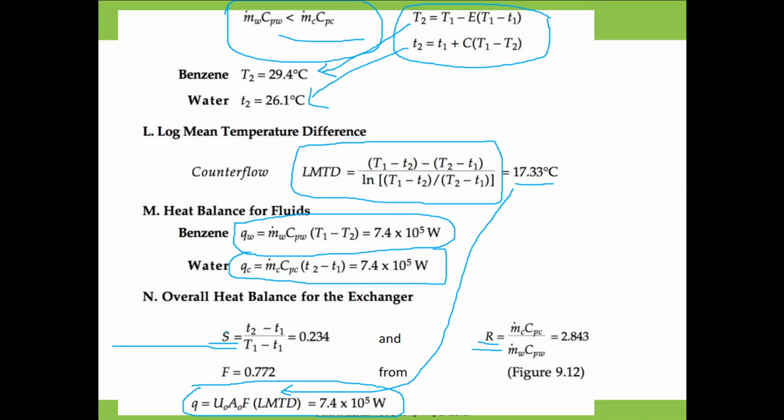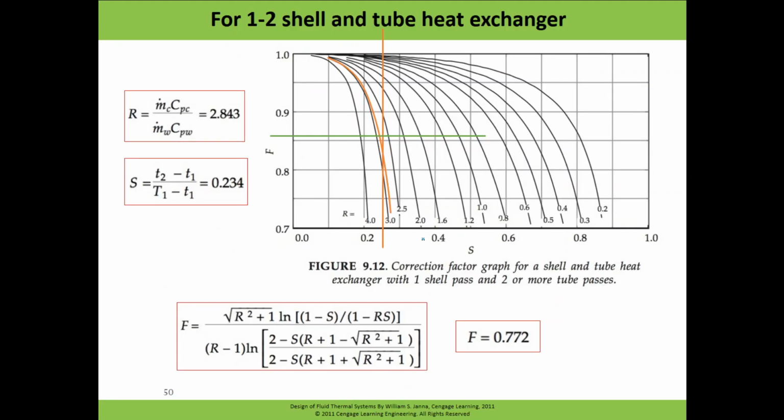And then when we have S and R, we can go to figure 9.12. So here we have our figure 9.12, and now we can see the value of the correction factor. Based on the values, R is 2.843 and S is 0.234.